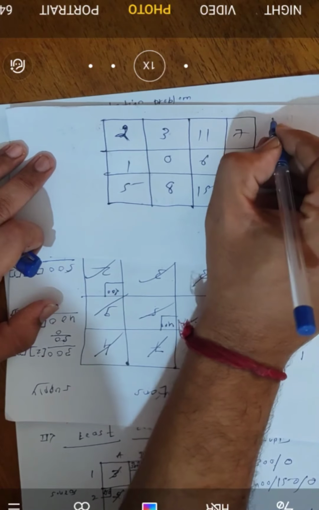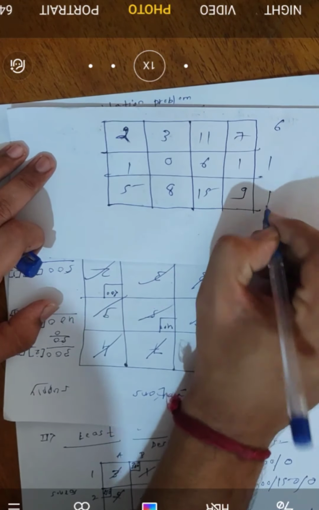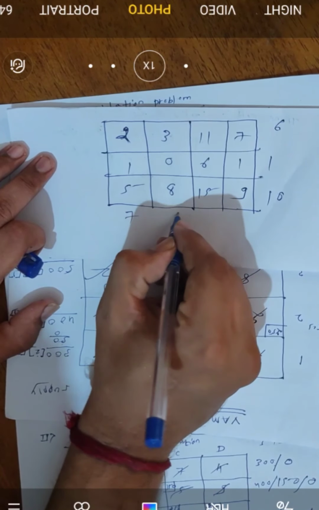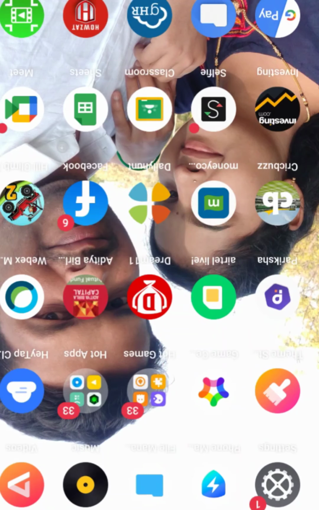Supplies are 6, 1, 10. Demands are 7, 5, 3, 2. So these are the demands and these are the supplies.